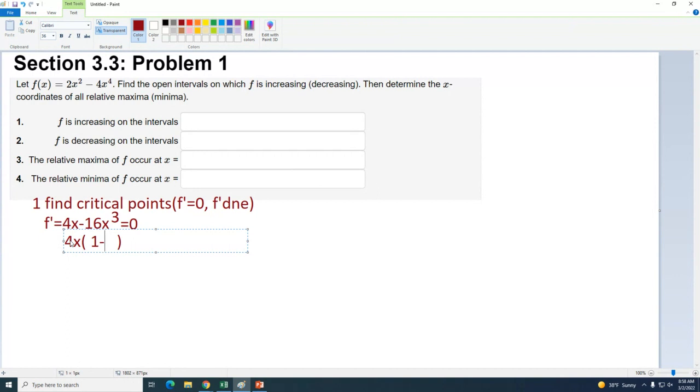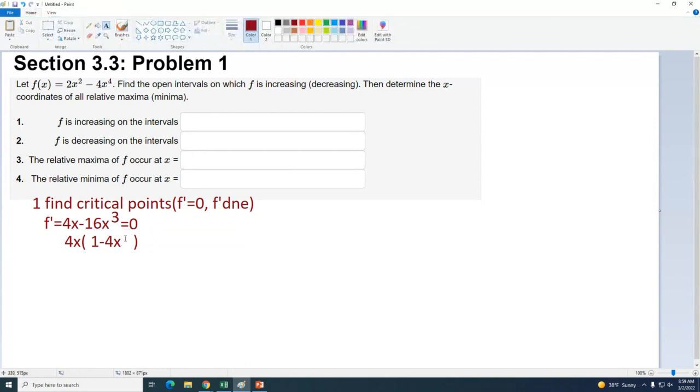The 16x cubed without the 4x still has a 4, 4 times 4 is 16, and without the x, you still have x squared. So we have 1 minus 4x squared. This is after the factoring. Any question?